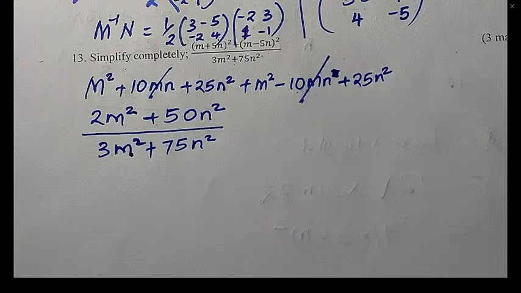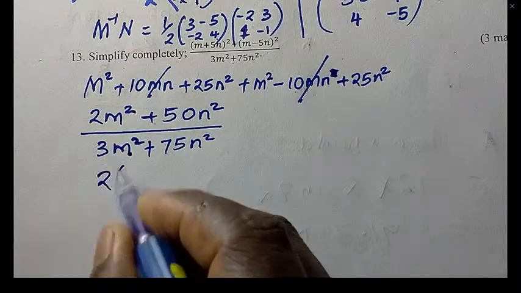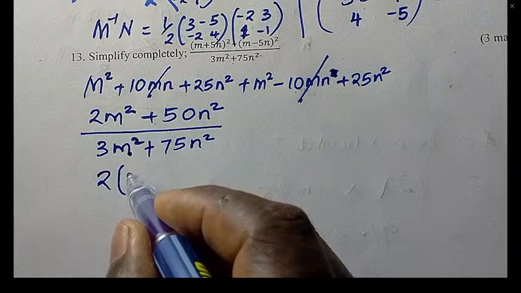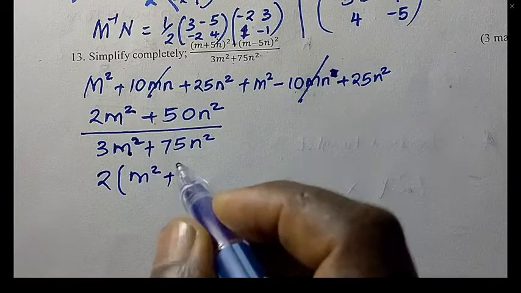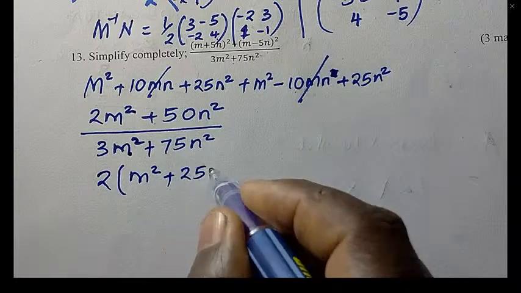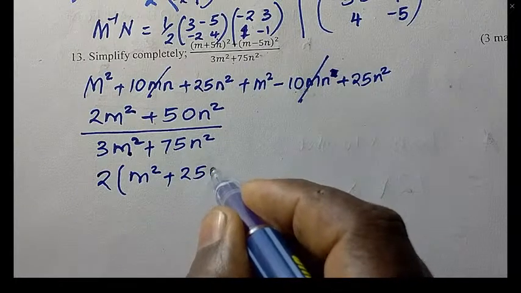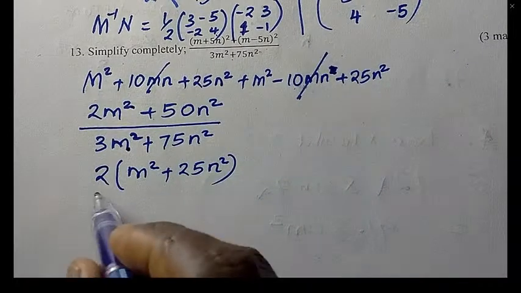So the common factor in the numerator is 2. We can have 2 into m squared plus 25n squared, that is the numerator, divided by the denominator.